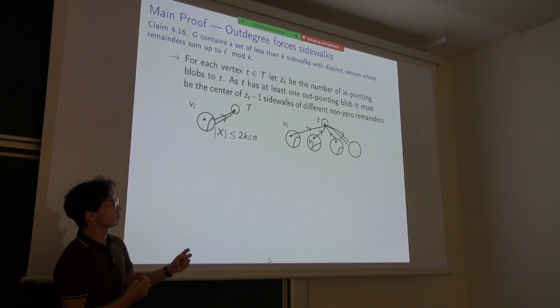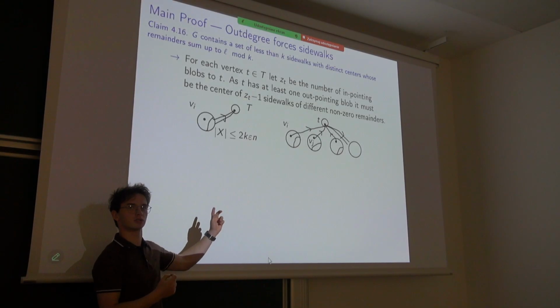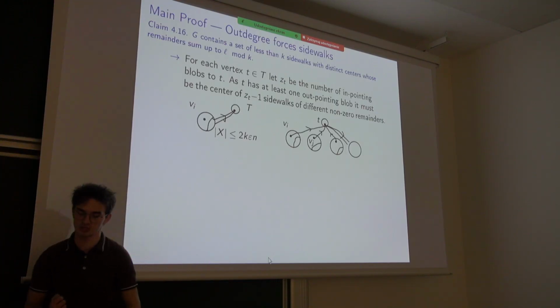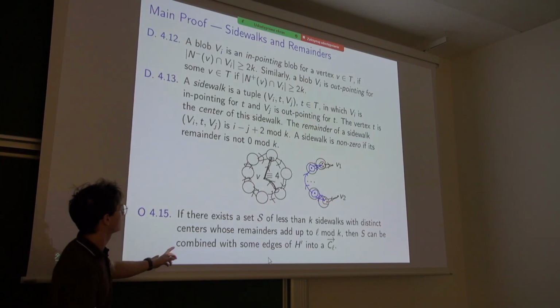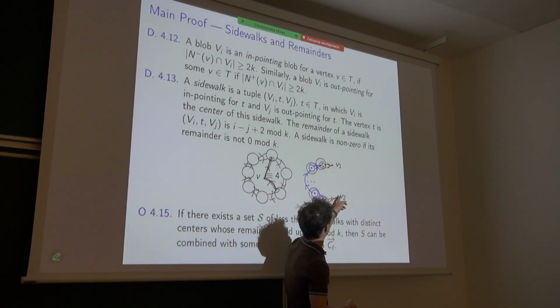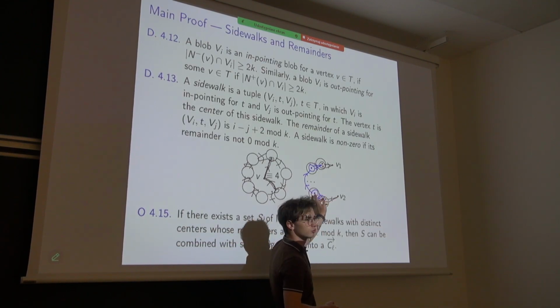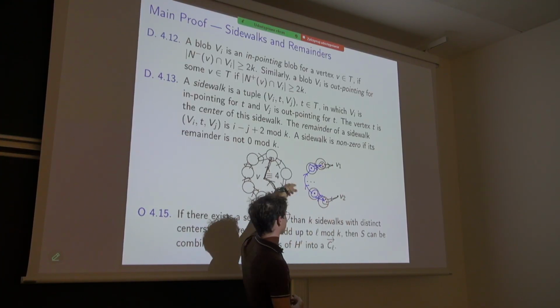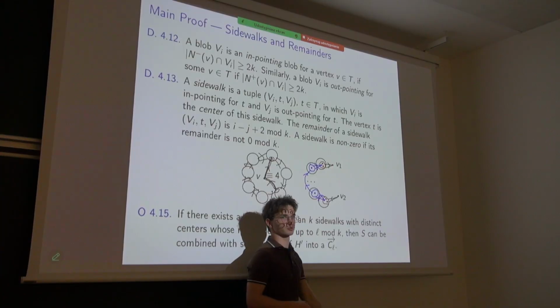This is, by the way, also a part where we use the assumption that L is large enough. Otherwise, notice that when we were combining these, we may sometimes need to loop around the whole block to go back to the previous one.